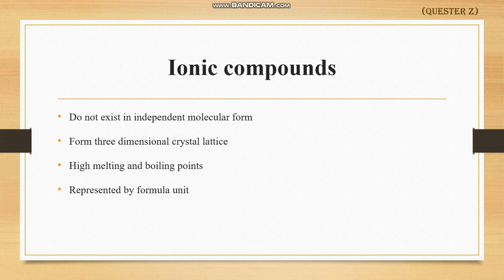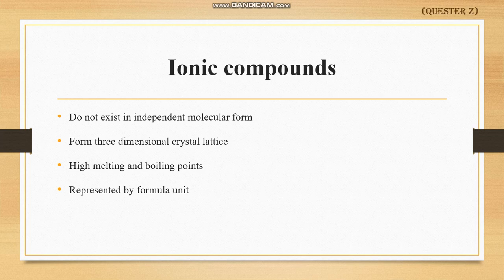All these properties present in ionic compounds are due to the presence of ionic bond. The ionic bond basically is the bond that is formed by the complete transfer of electron from one element towards another element. In this way, by transferring an electron from one atom to another, there is a transfer of a negative charge from one atom towards another.